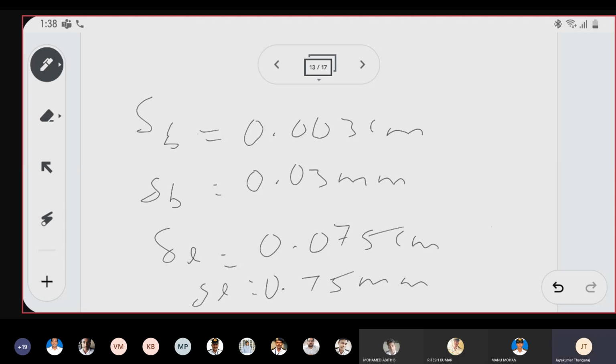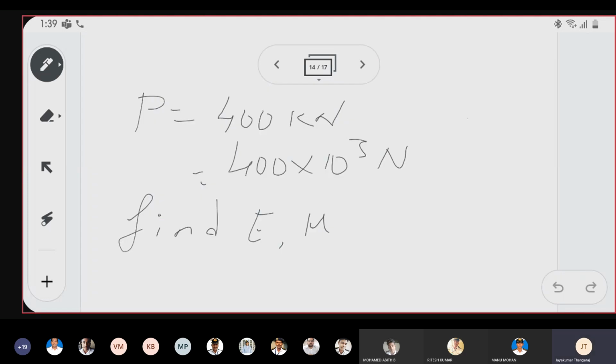So you have to find Young's modulus and Poisson's ratio. P, as usual, is given as 400 kilonewton, so I convert it into 400 into 10 power of 3 Newton.